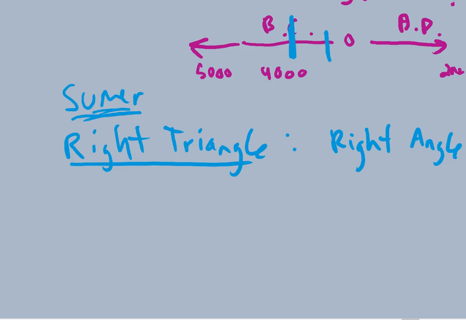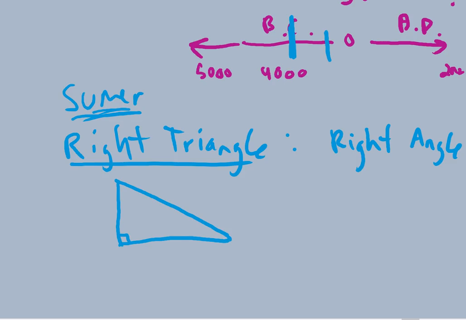So a right triangle is a triangle with a right angle. This is not a right triangle. There's not enough information that tells you this is a right triangle. Now it's a right triangle. This little notation right here means that this is a right angle. It's 90 degrees. You can't assume that. We're going to be figuring out what the missing sides of a right triangle are given the two other sides.